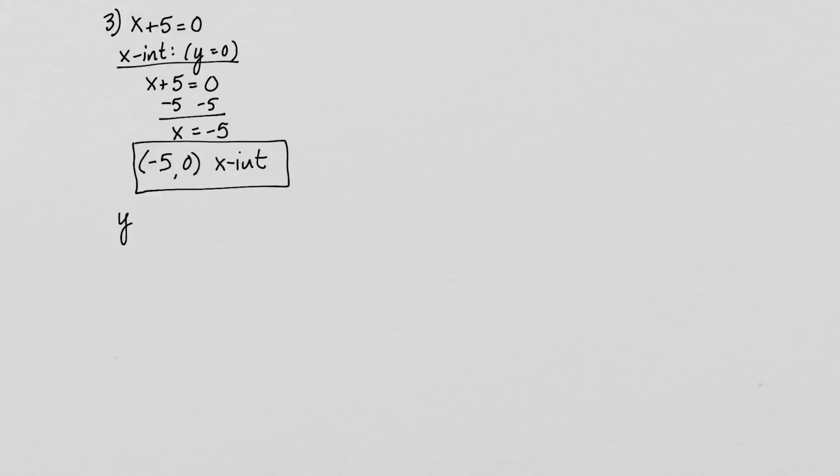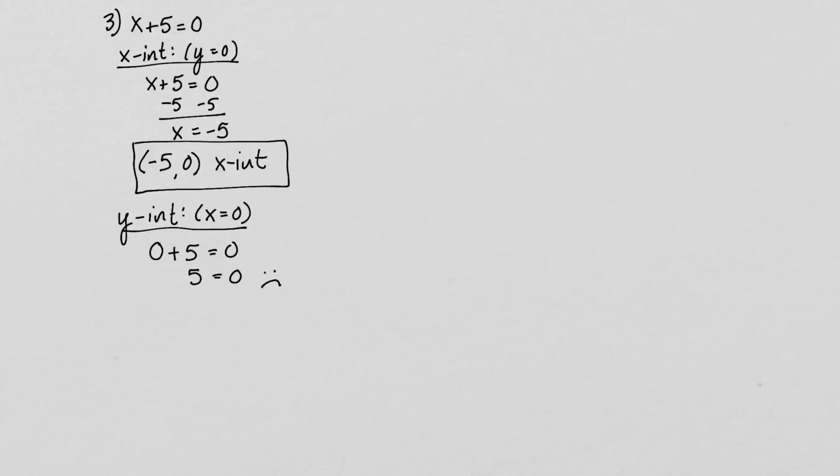And now when we go to find the y-intercept, we're going to plug x equals 0 in. And so when I go to plug x equals 0 in, I end up with 0 plus 5 equals 0. So 5 equals 0. And now that is not a true statement, right?